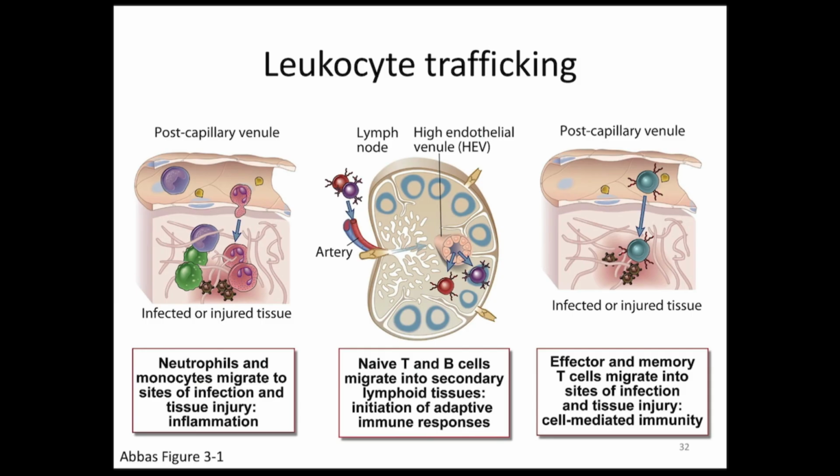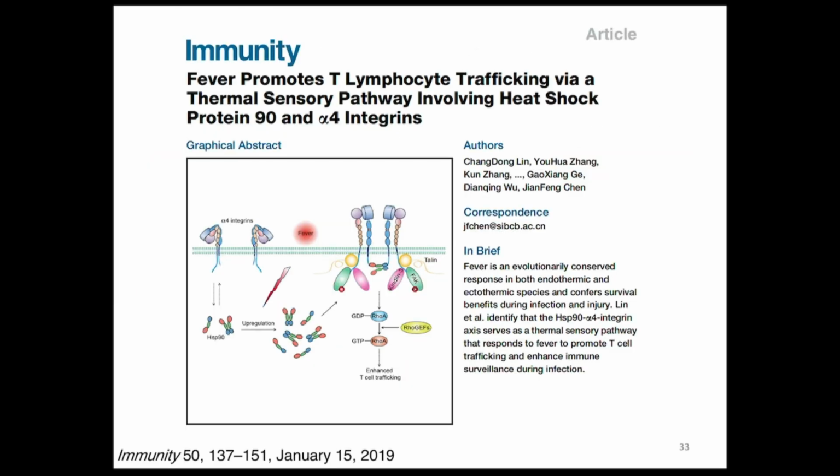One thing to also point out, one thing that I have learned much more previously, is that there are probably a lot more things regulating this process than we originally thought. One thing that I've learned about more recently is it turns out leukocytes are able to traffic better when you have a fever.